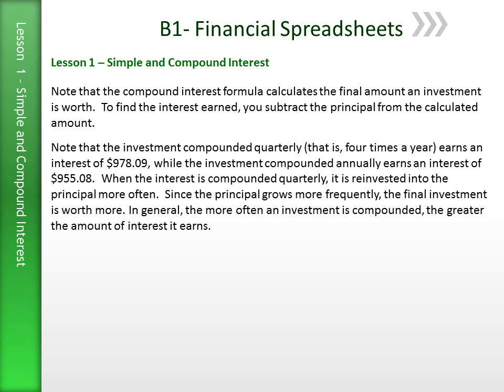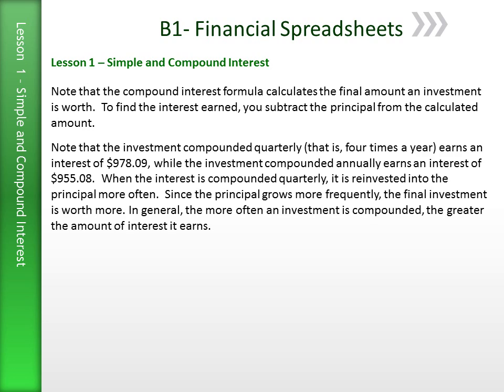Just a few last notes. Note that the compound interest formula calculates the final amount an investment is worth. To find the actual interest earned, you subtract the principal from that calculated amount. Also, note that the investment compounded quarterly, 4 times a year, earns an interest of $978.09, while the investment compounded annually earns an interest of $955.08.